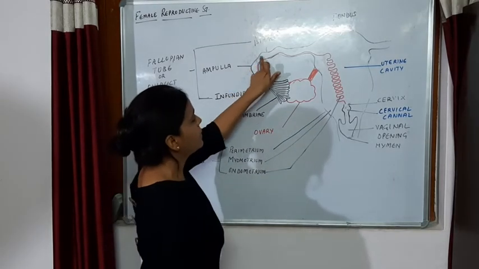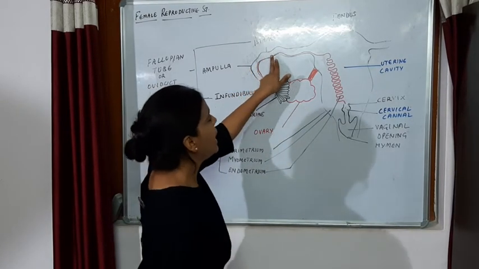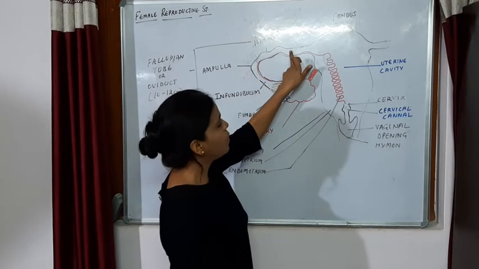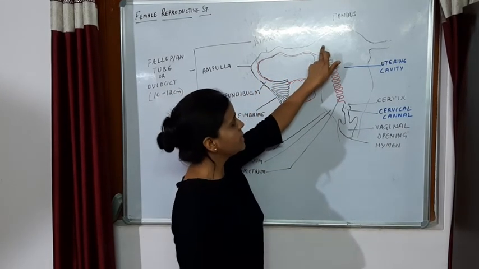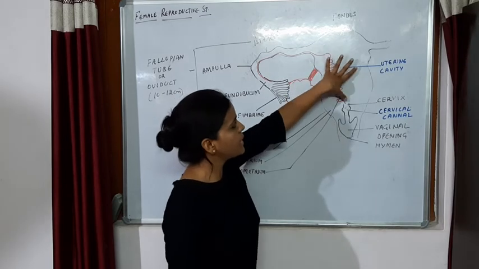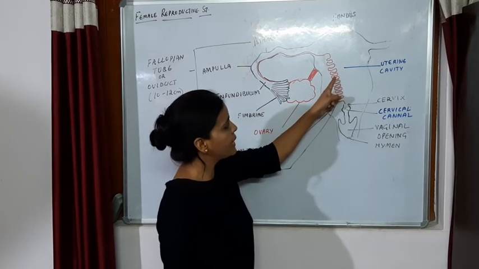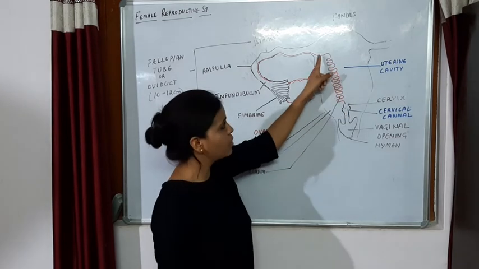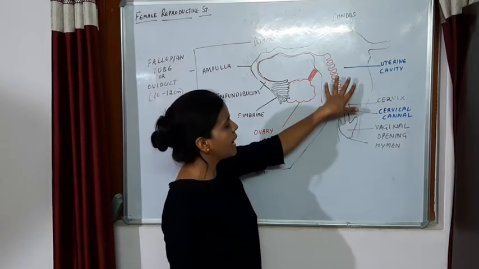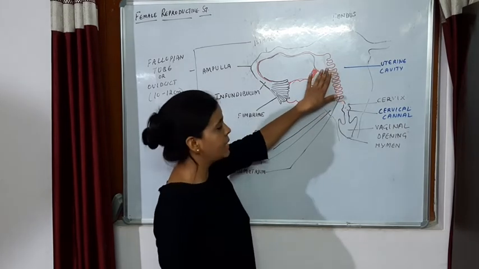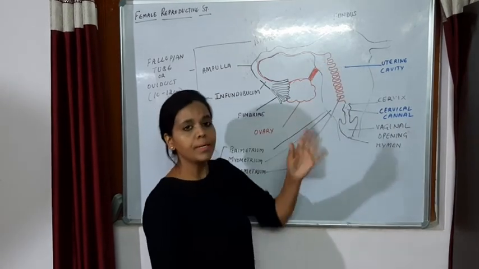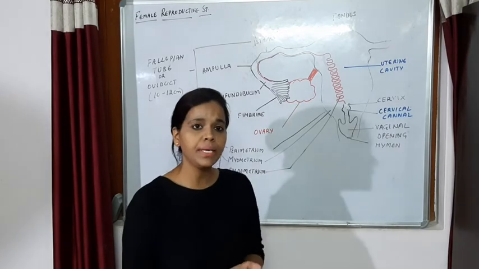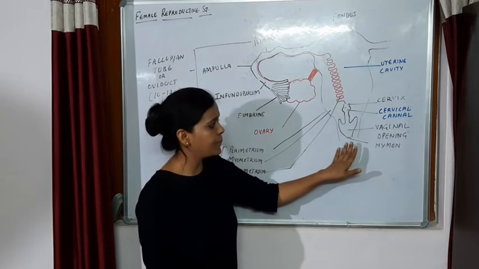Now the changes will go on and the zygote will be formed, and then it moves into the uterine cavity. It is going to be implanted into the muscular layer of the uterus, and the embryo will develop, complete its whole gestation period, and the parturition will take place.